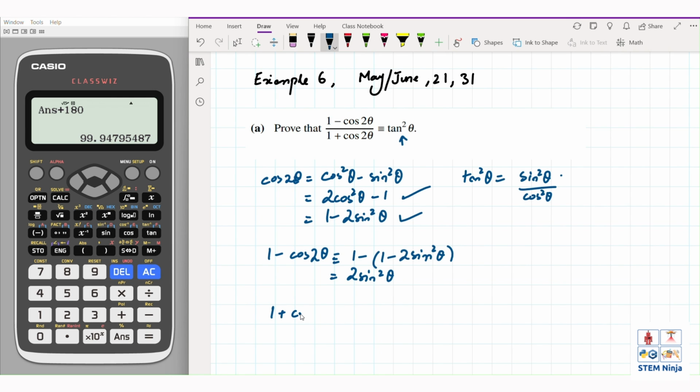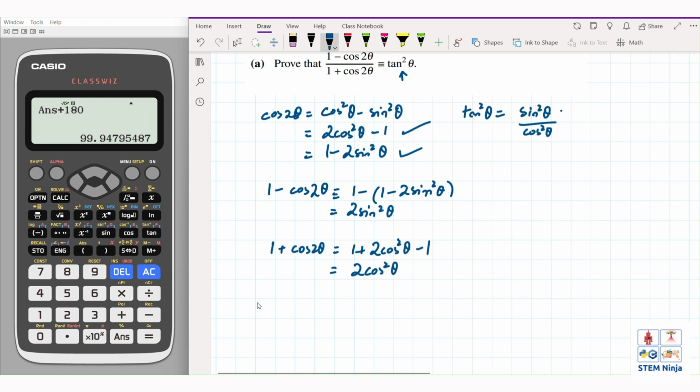Similarly, 1 plus cos 2 theta. This time we will choose the cosine one, so 1 plus 2 cos squared theta minus 1. Again, 1 and minus 1 cancel. We are left with 2 cos squared theta. So now, when we put these two in numerator and denominator, this is equal to 2 sine squared theta over 2 cos squared theta.